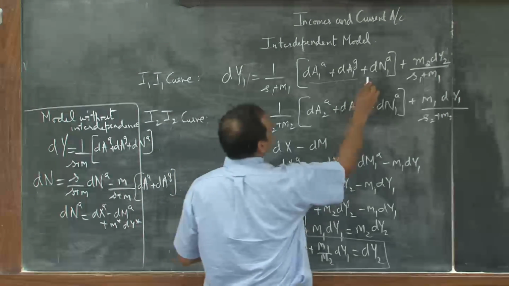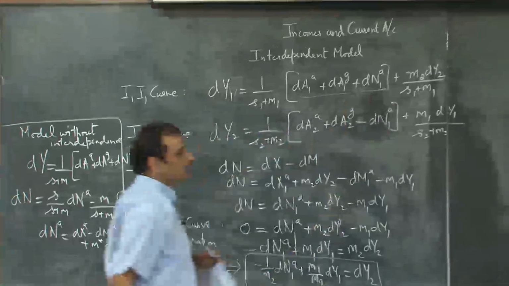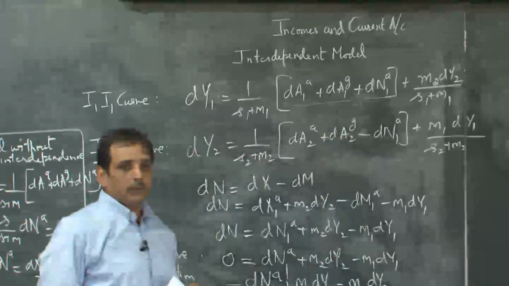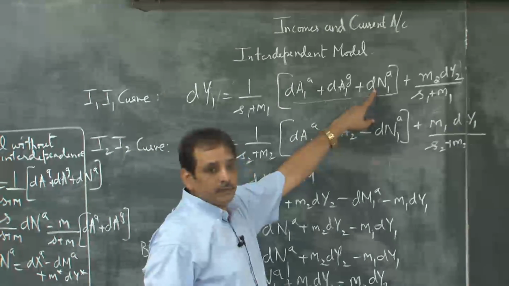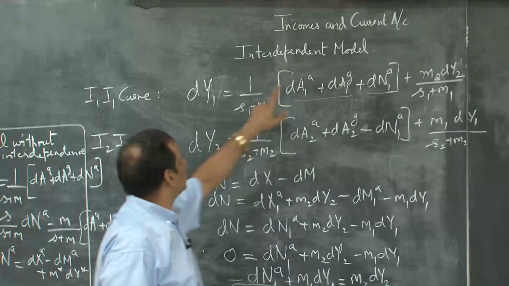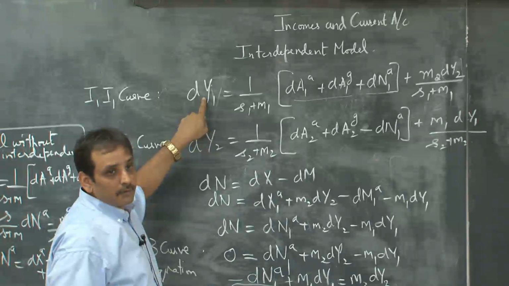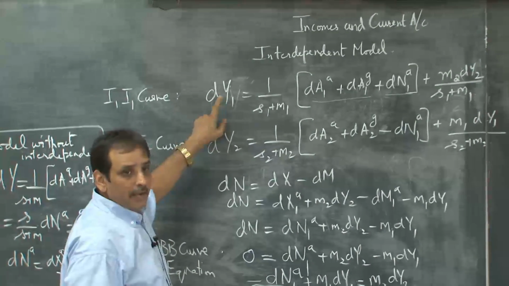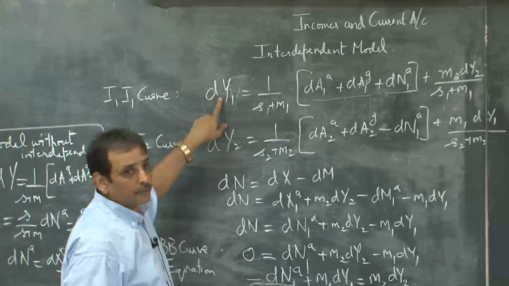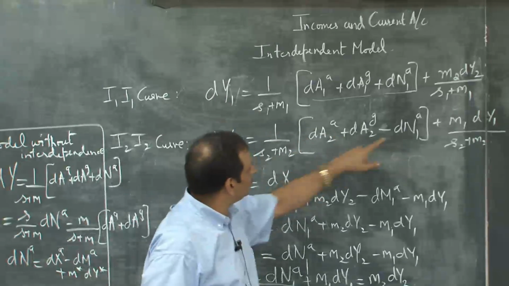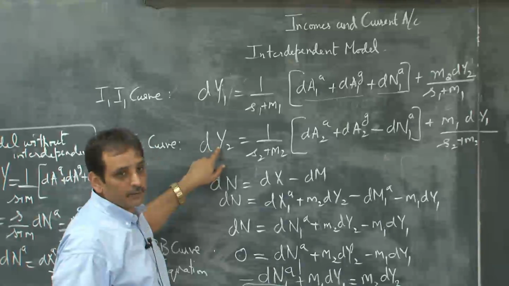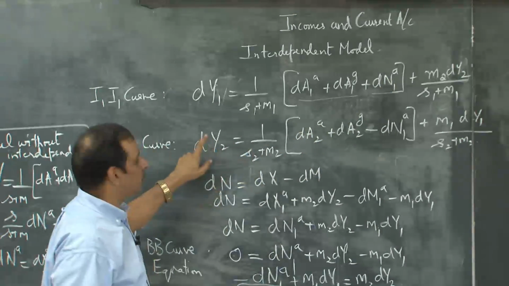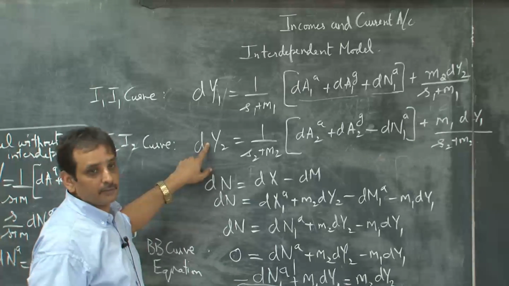If there is a change in, say, this component, which is the autonomous component, if there is an increase in this, please see what happens. The incomes in the US increase. Again, there will be a rightward shift. But look what happens to the dy2 curve if dN1A goes up. The dy2 term declines.